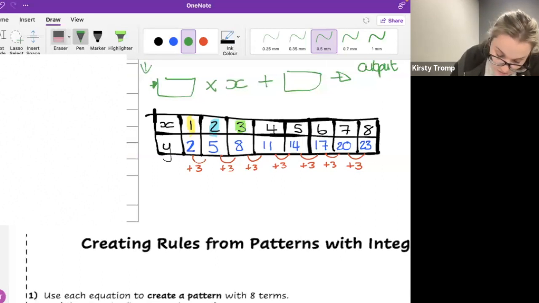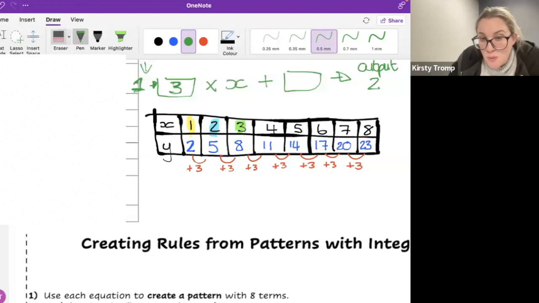So in this case, we take our number 1. We said already that our difference was 3 times by x plus something gives us our output, and our output in this case was 2. So 3 times by 1 gives us 3, and 3 minus what will give me 2? 3 minus 1.